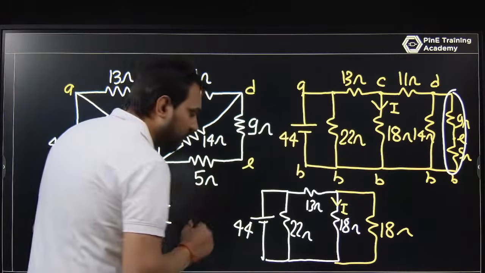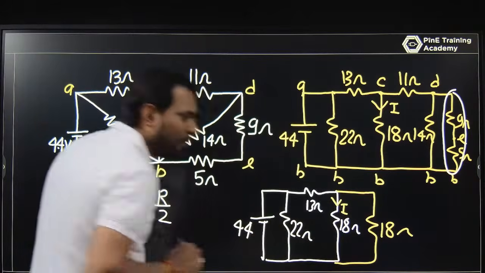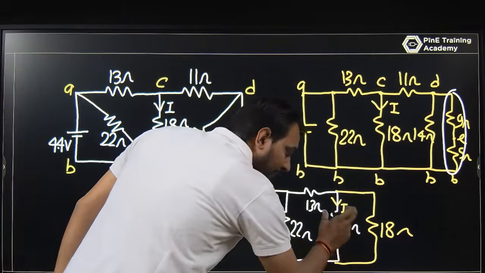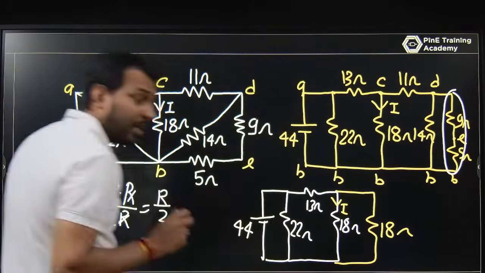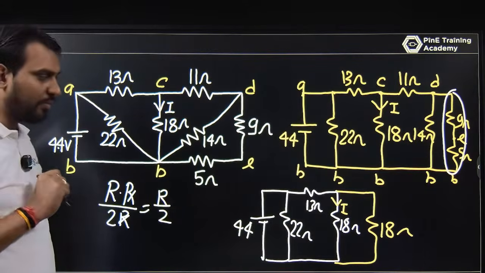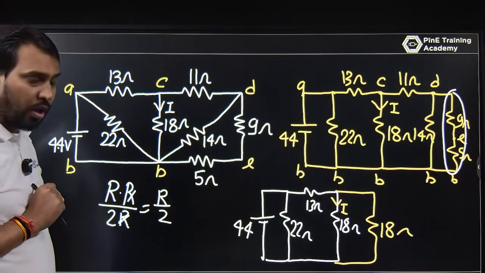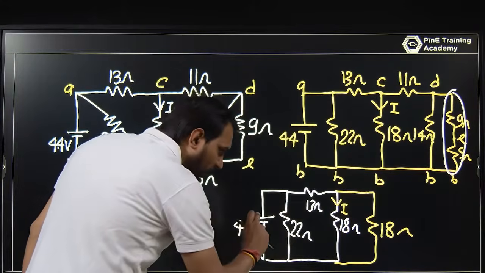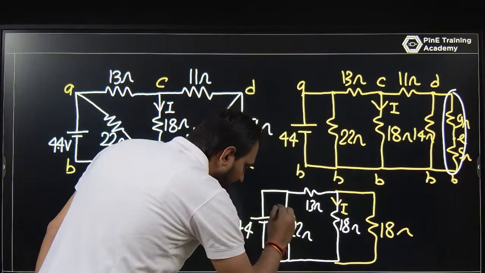And if you look at this point, 18 and 18 are in parallel. In parallel, when the values are the same, it becomes half, that is 9 ohm. If this is 9 ohm, what will happen? This is 14 volt, so this is also 14 volt because they are in parallel.